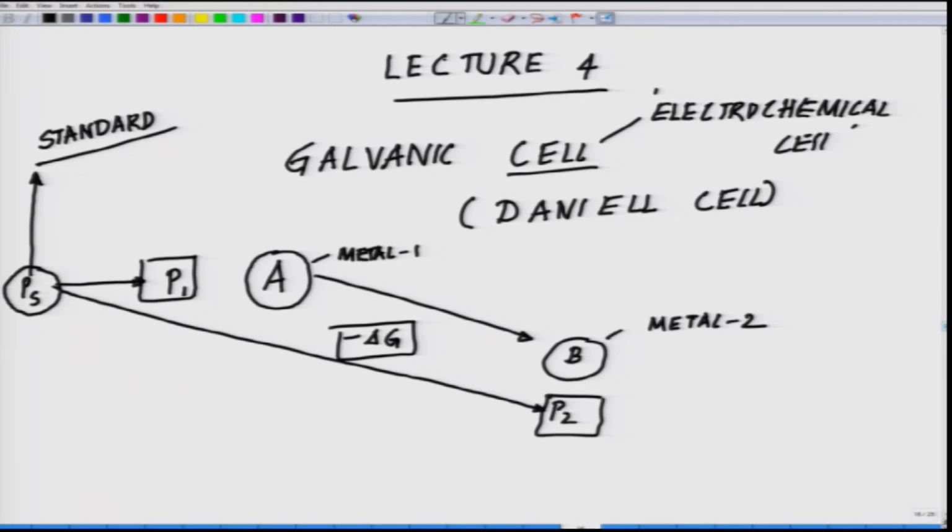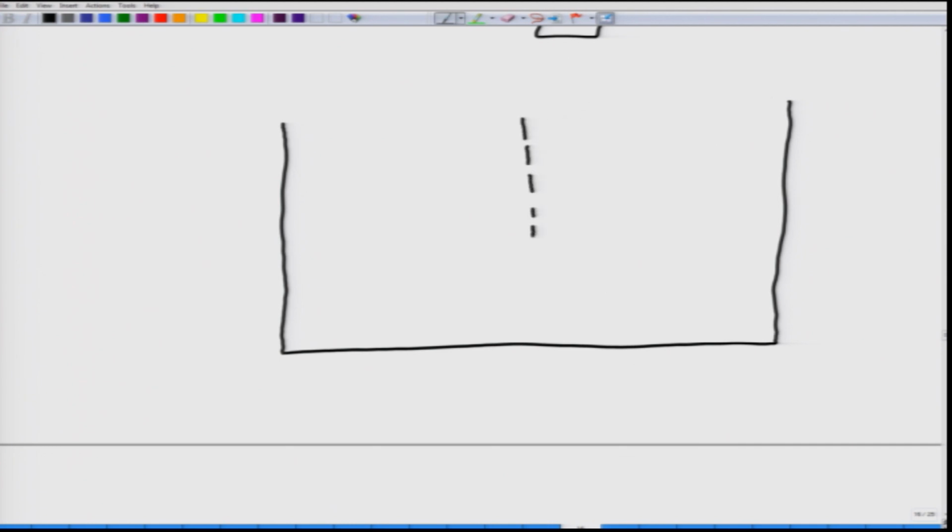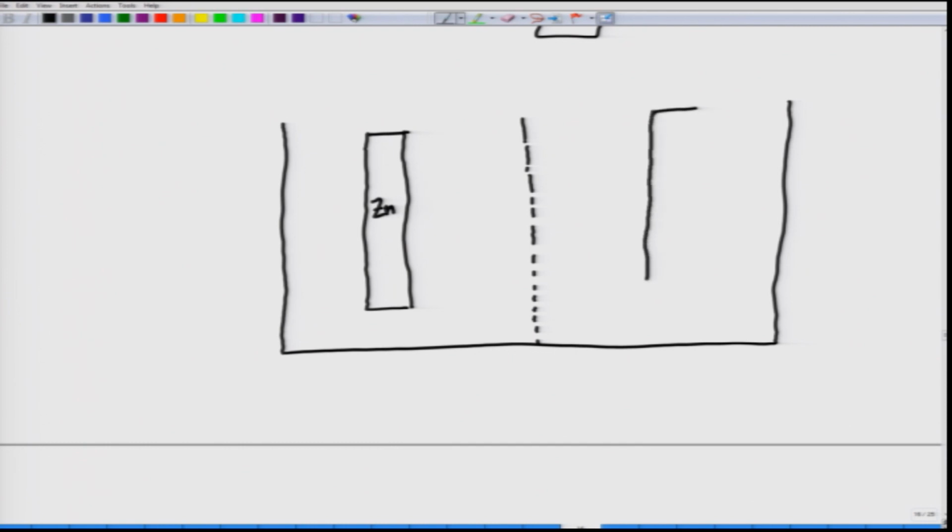Let us take a practical example of an electrochemical cell, which is made up of zinc and copper. Let me make the cell. It is something like this. Think of a big beaker which is separated by a porous membrane like this, a semi-permeable porous membrane, which selectively allows very small molecules to pass through it. You have a zinc electrode, which you can keep on replacing, and a copper electrode.